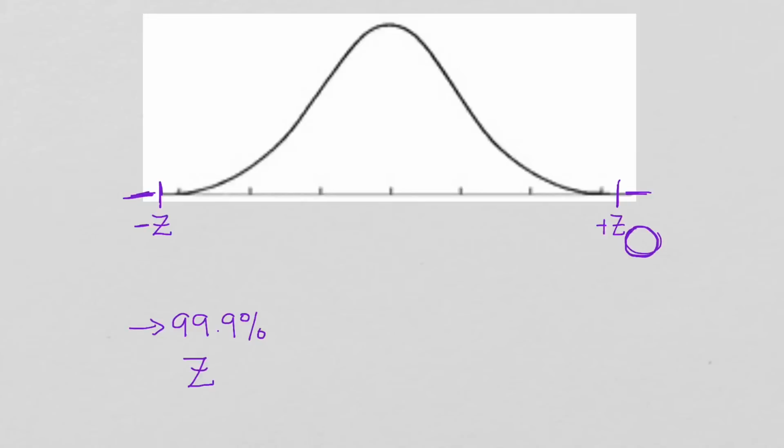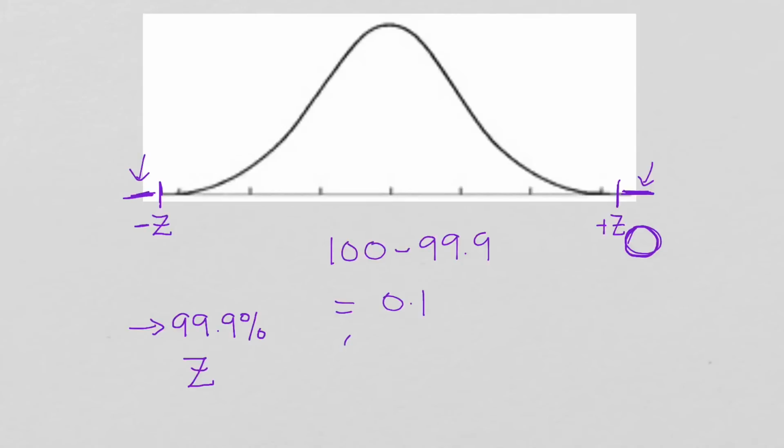So we can find z sub alpha, that's the z value that corresponds to an area beyond the z value. So when I look at this 99.9%, I'm going to take 100% minus the 99.9%, and that gives me 0.1%. And so 0.1% is the amount in the 2 tails combined.